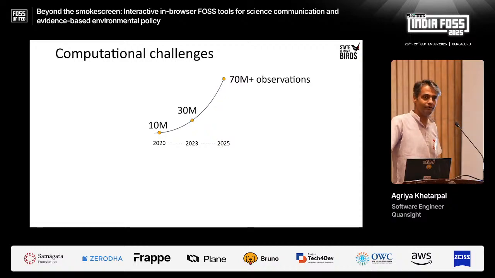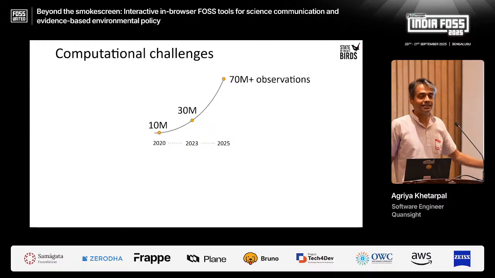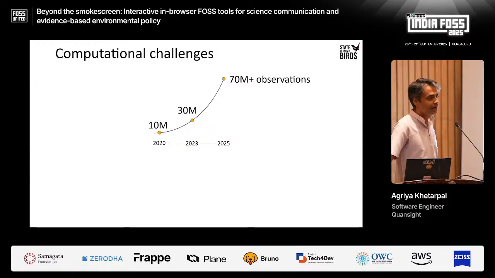When we got to 2023, that corpus had grown to 30 million rows of data. Already, the compute resources we had across the partnership were creaking a little, and it's just been really hard as the data corpus has been growing. Now we are sitting on more than 70 million rows of data, and in a couple of years, if we want to do another report, we may be looking at nearly 100 million rows of observations to deal with.